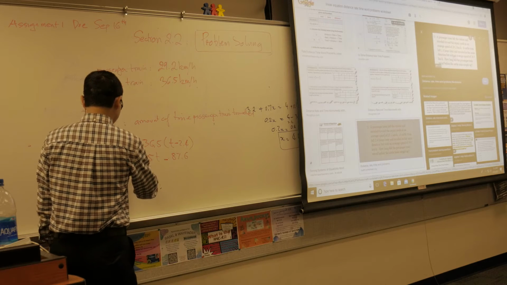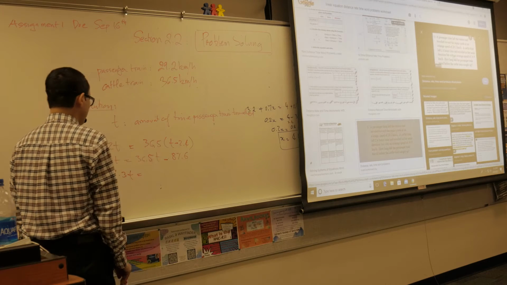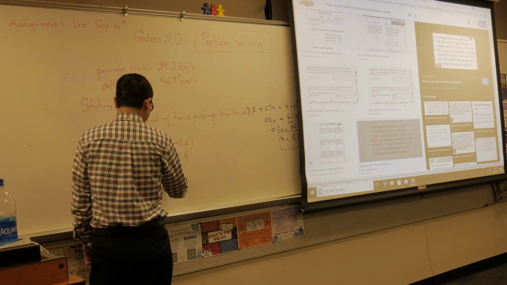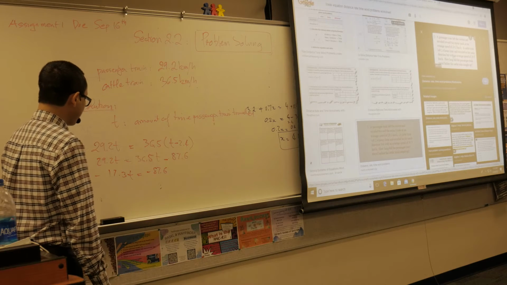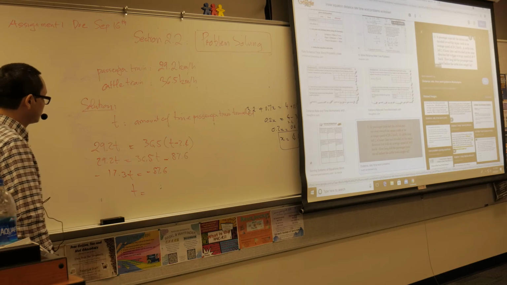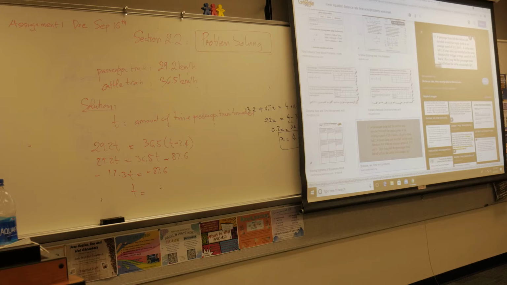Is that correct? Okay. Minus equals 87.6. And t equals 87.6 divided by 17.3. I'm going to do everything one more time. Just check everything one more time.